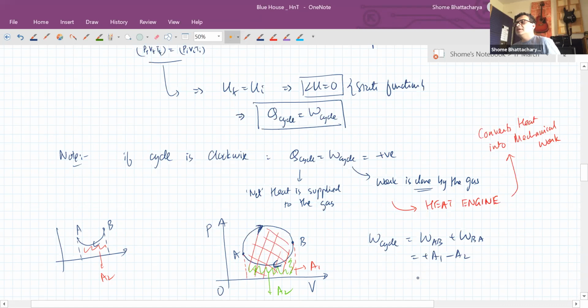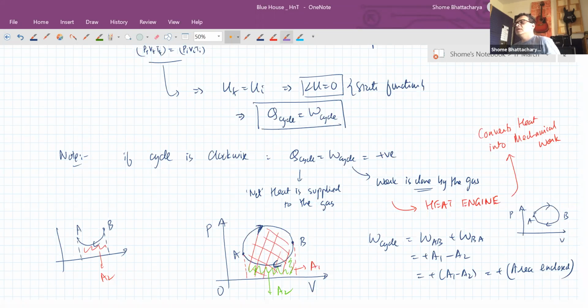So the net work done during the cycle is going to be positive of the area enclosed by the loop.